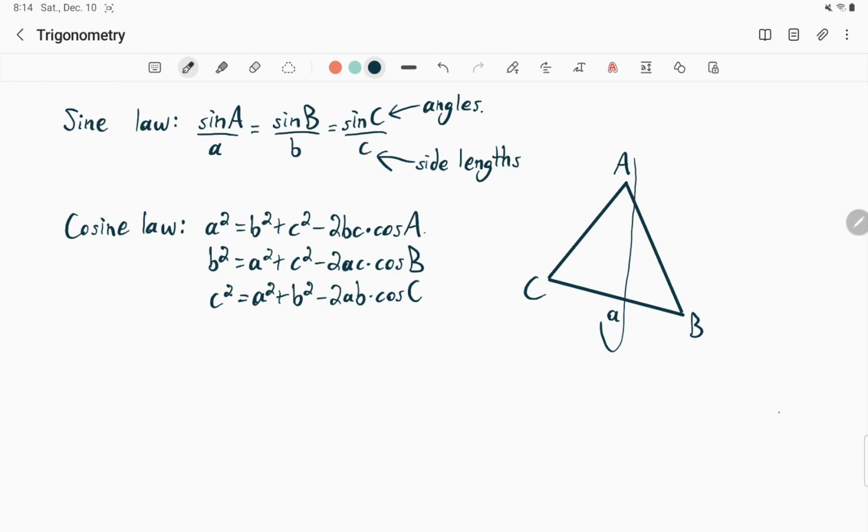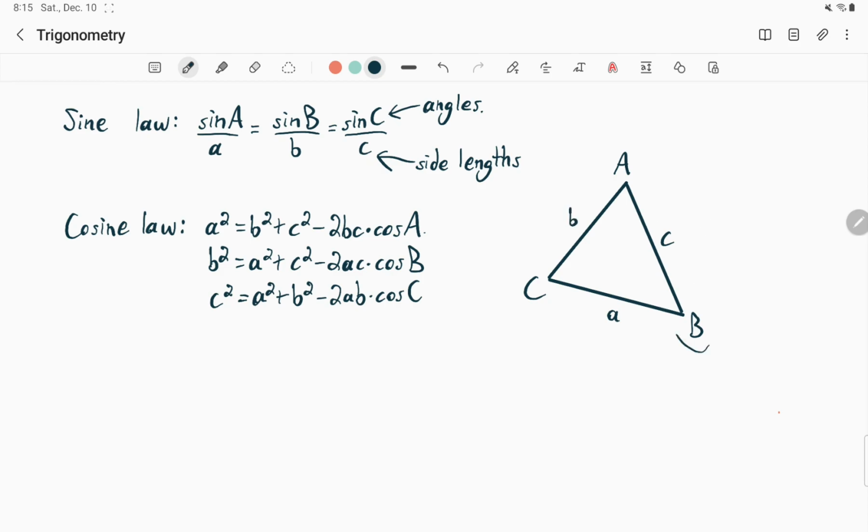So you could draw a circle around these. They're a pair of a side length little a and angle capital A. Same with big C and little c. That's a pair of a side length and an angle. And big B and little b.